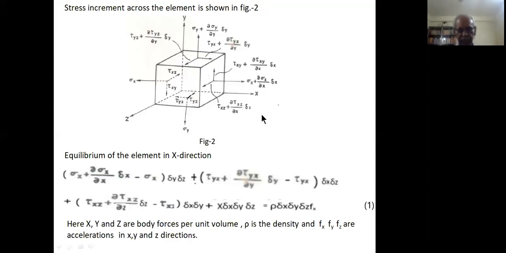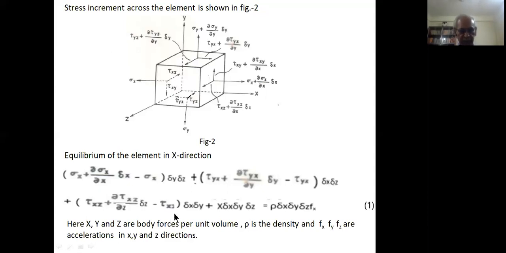And what is the area it is acting on? Again the same thing. This area is delta x into delta z.